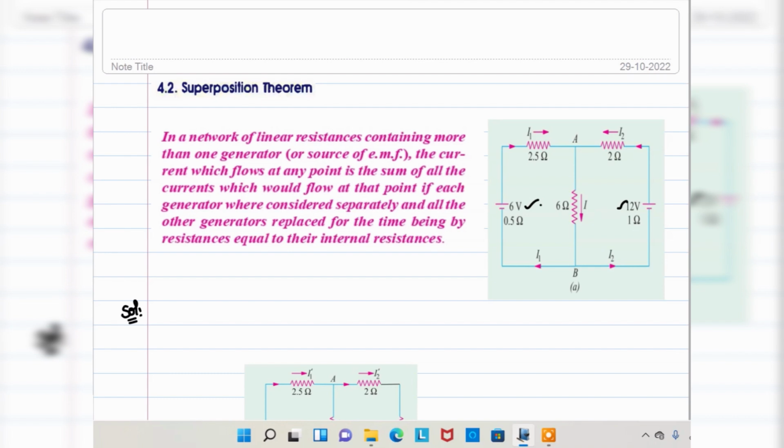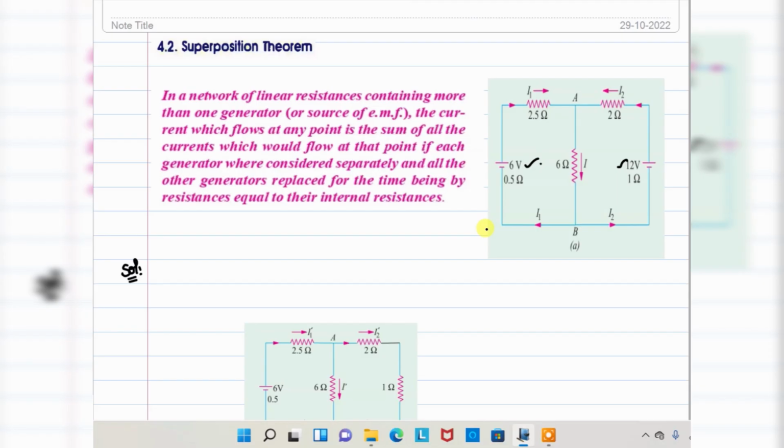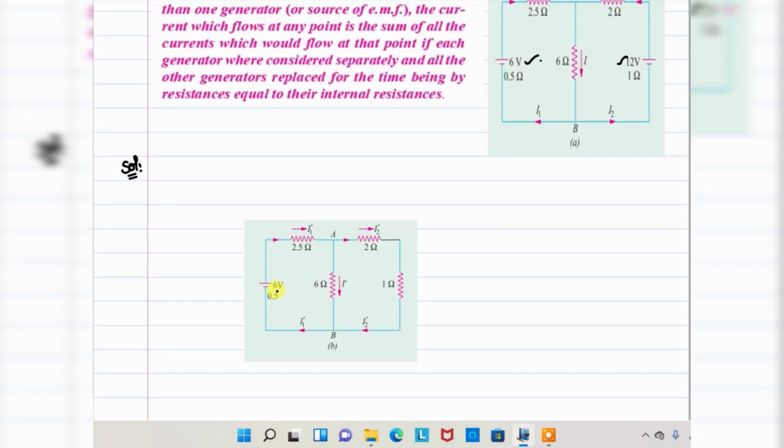According to the statement of the superposition theorem, if more than one voltage source or current source is present, take the response of each source while the remaining sources are deactivated. For example, in this circuit, the response of one source, the 6 volt source, with the other replaced by its 0.5 ohm internal resistance.